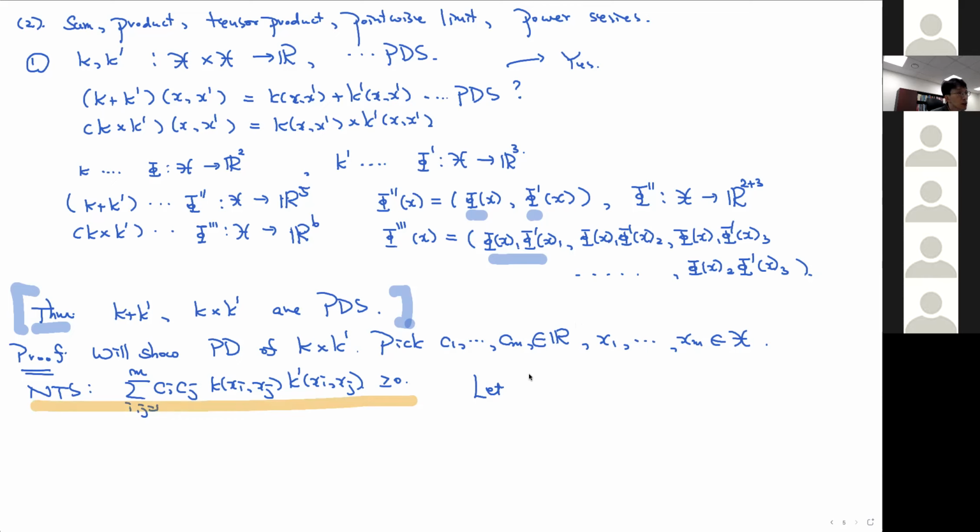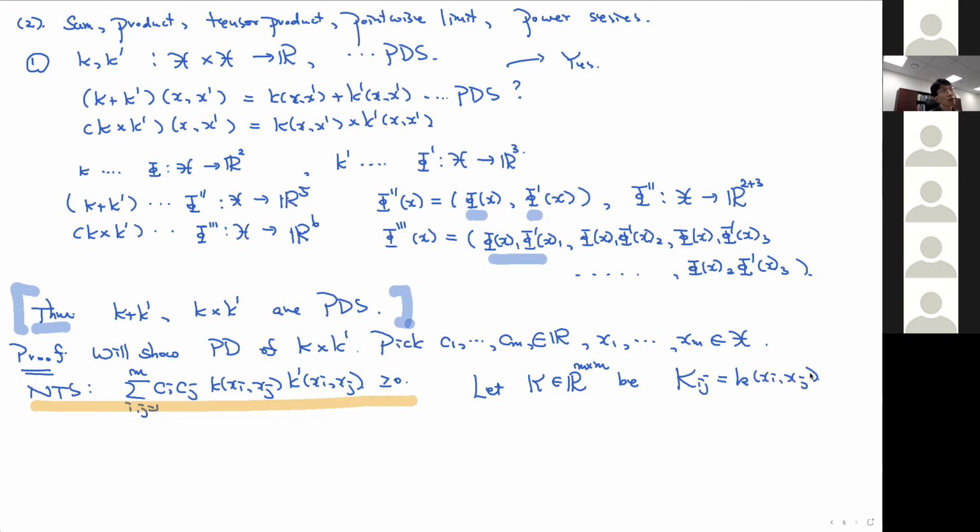So we define the matrix K using the first kernel K, and this is the n by n matrix defined by this kernel. Its ij entry is going to be small k applied to xi and xj.